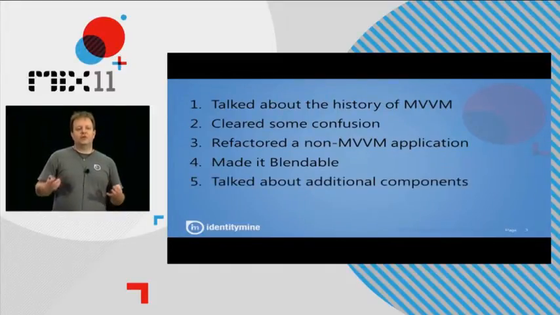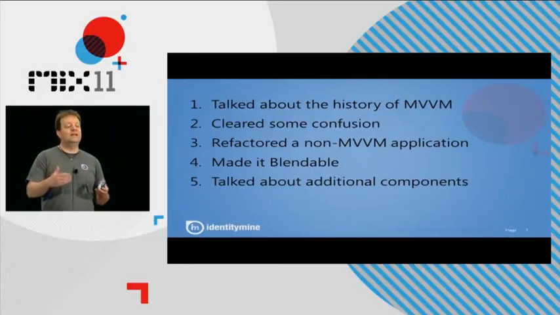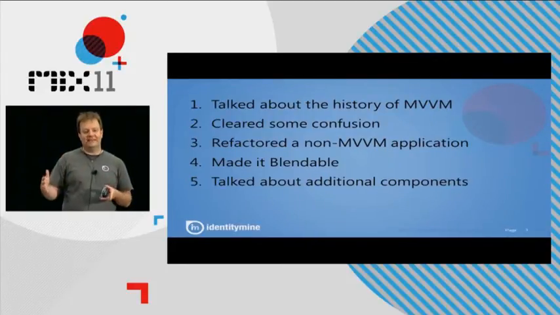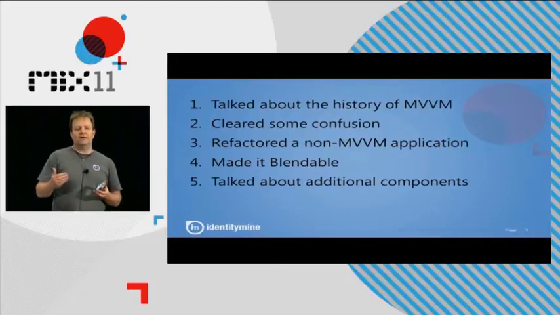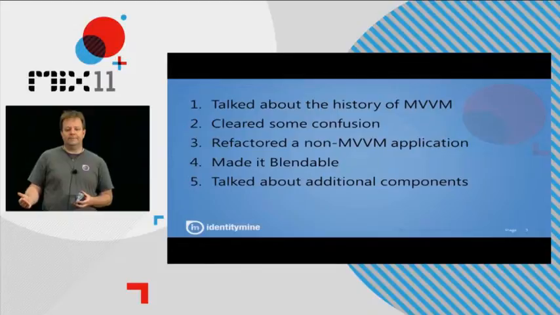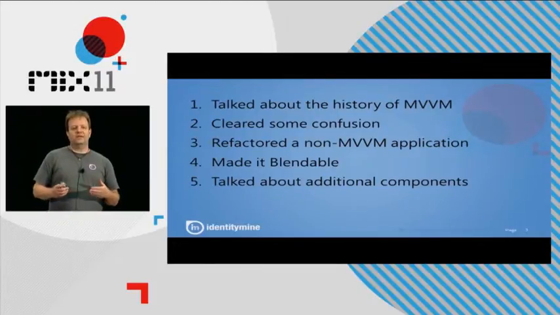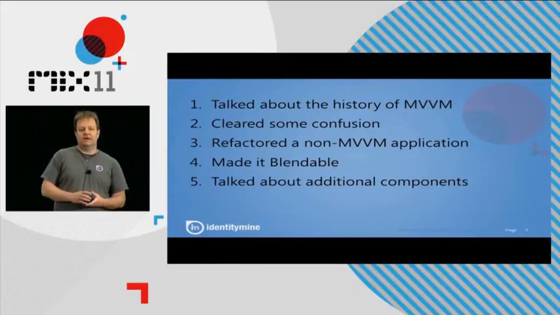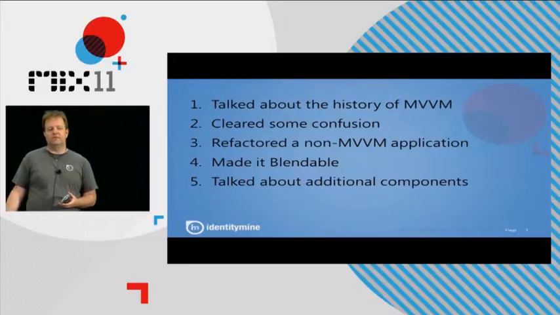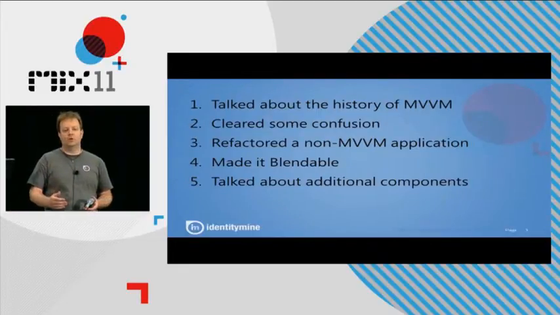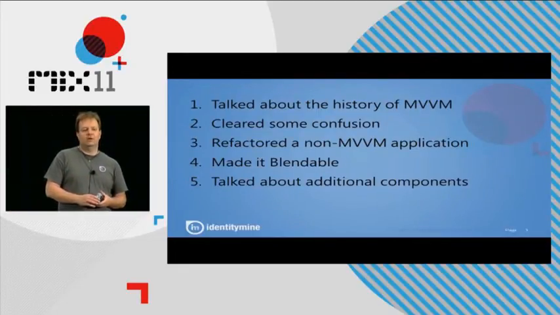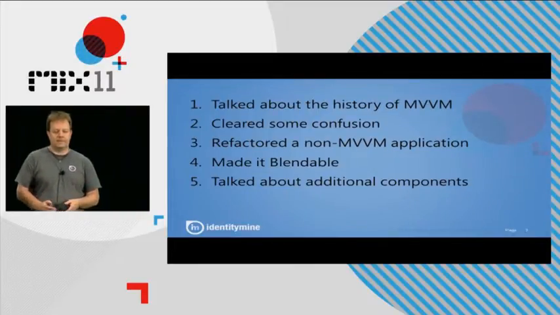We talked about additional components. For example, the relay command, also known as delegate command. We talked about the messenger, also known as event aggregator. We talked about the MVVM Lite toolkit. And you also had the chance to sit in this room and hear Rob Eisenberg talk about the Caliburn framework, which can be used to build those decoupled applications.